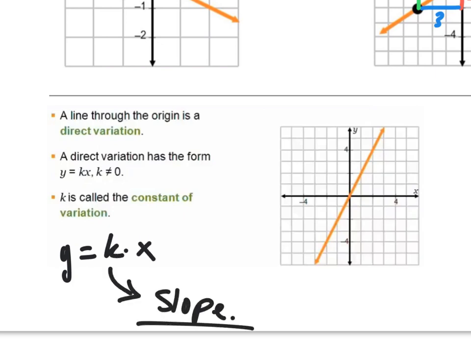If you know something varies directly, you know that it has a linear relationship and that you have this constant k. Normally you would use the variable m, but if we say that it varies directly, then we use k to mean slope.